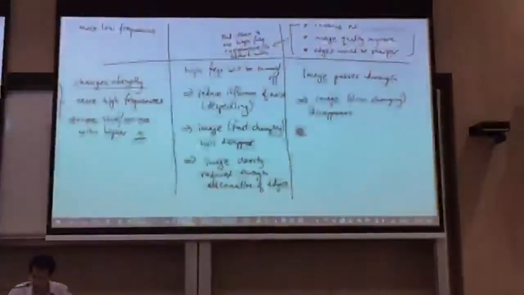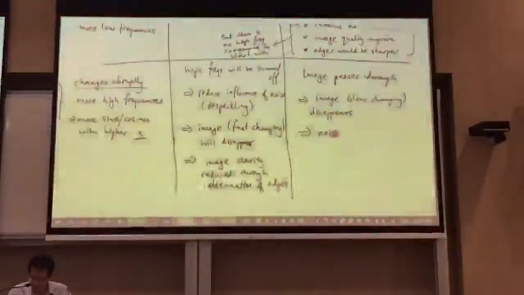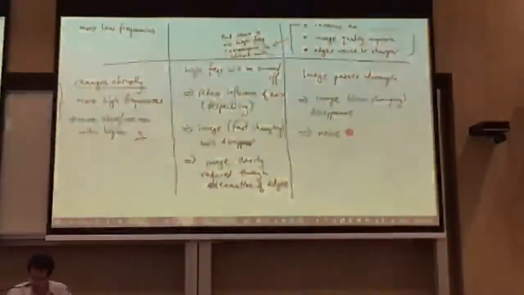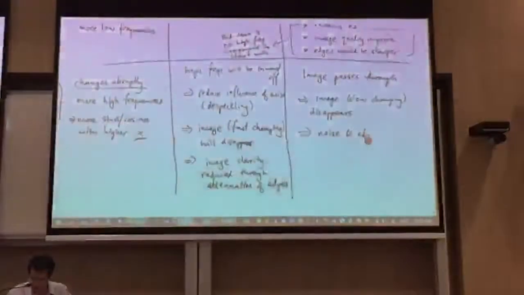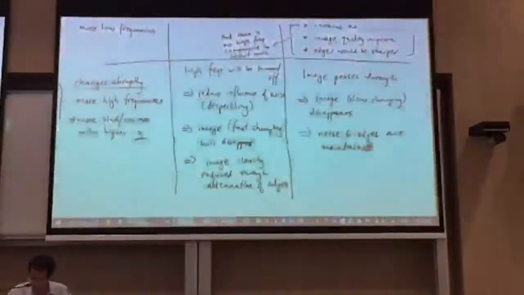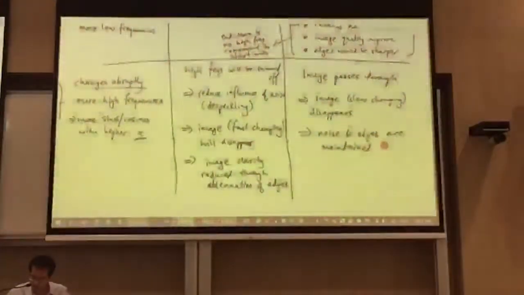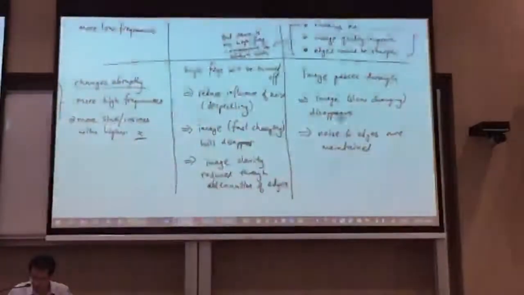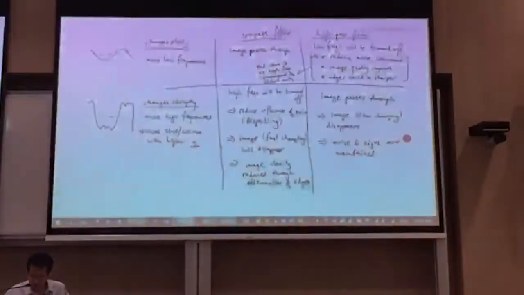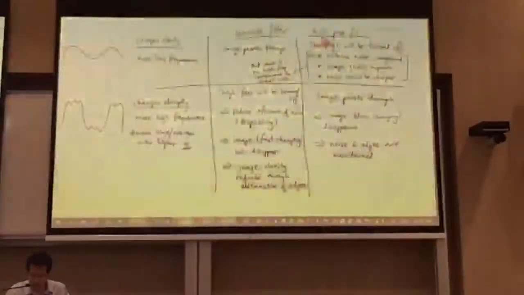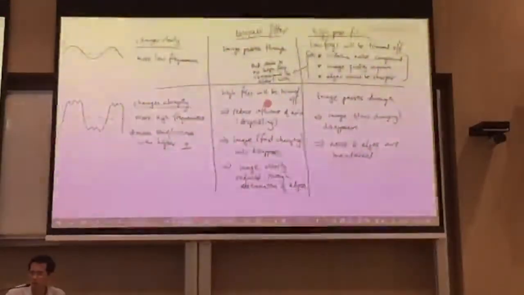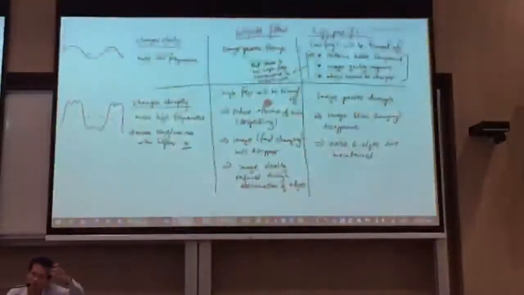That also means that if there's high frequency noise in there and it passes through a high pass filter, the noise and the edges are maintained. So the overall effect is that the blurring is removed, and your noise and the edges are maintained. So normally, for slow changing, apply a high pass filter; for fast changing, apply a low pass filter. Normally it's that way. Don't really use it that way now.